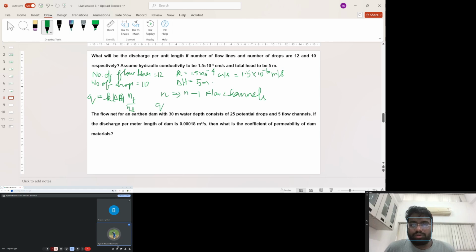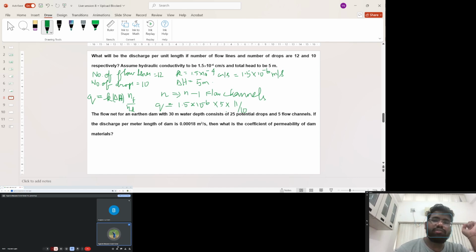so Q will be equal to K, which is 1.5 into 10 power minus 6, into 5 meters, into NF which will be 11, by number of drops which is 10. So you should be very careful while understanding the question, because NF represents the number of flow channels and not the number of flow lines.